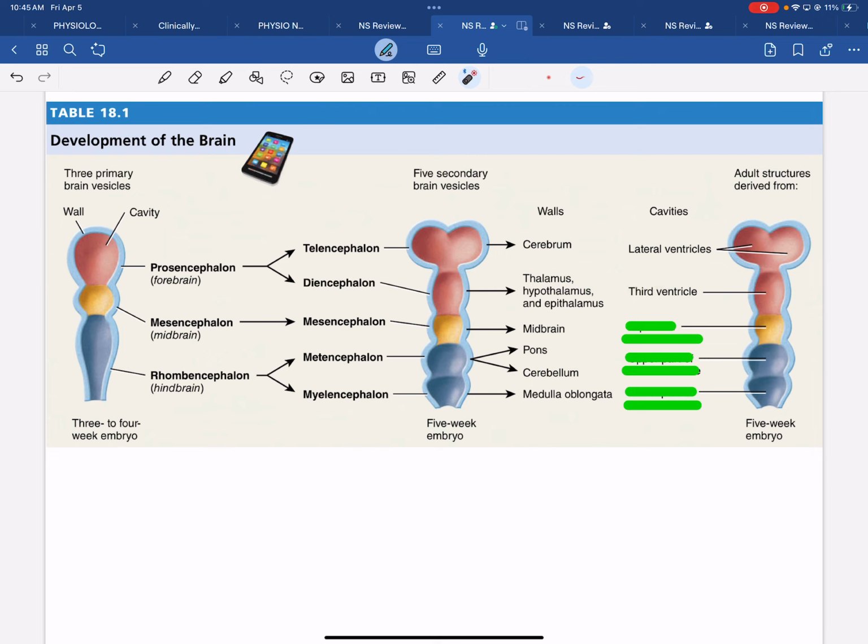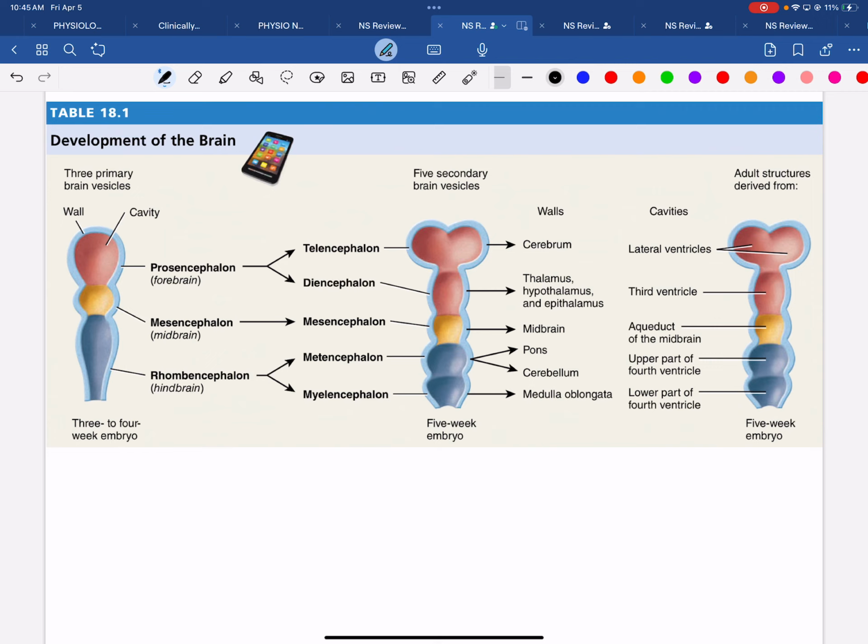What about in the midbrain? The cerebral aqueduct, or the aqueduct of the midbrain. And then what about here? The fourth ventricle. But it's really the upper and lower part of the fourth ventricle.